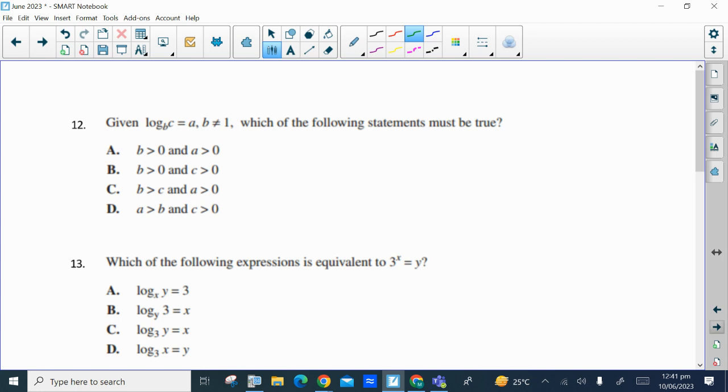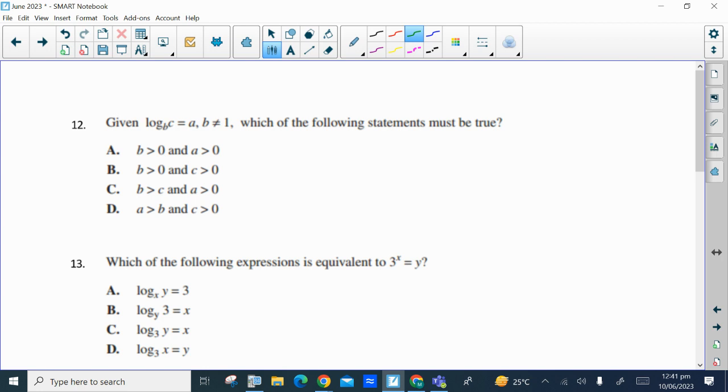Given log base b of c equals a, which of the following statements must be true? Well, remember, we can't take the log of 0, nor can we take the log of a negative number. And we learned that you can evaluate logarithms with different bases by using the change of base identity. Log base b of c could be written as log c over log b. That means that both c and b have to be greater than 0.